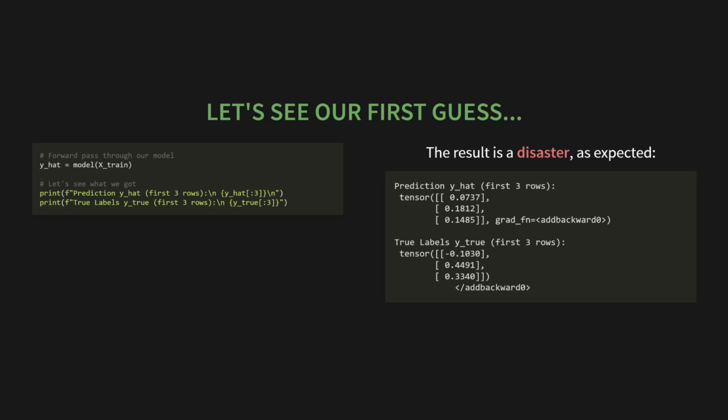The result is a disaster, just as we expected. Look at this. The prediction for y_hat gives us values like 0.07, 0.18, and 0.14. But the true labels are -0.1, 0.44, and 0.33. Our guess is terrible.